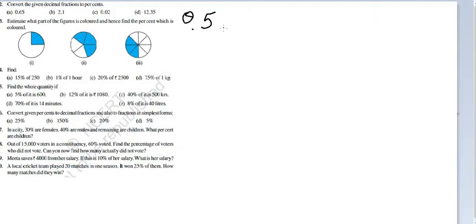Questions of whole quantity. In the first part, 5% of it means of something, means the whole quantity, the total quantity. 5% of the total quantity, let it be X, equals 600.